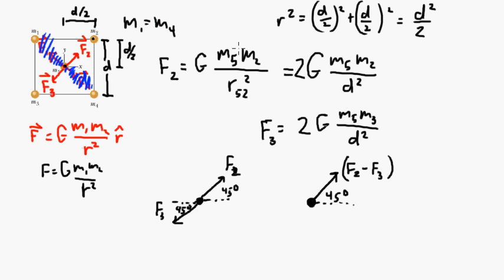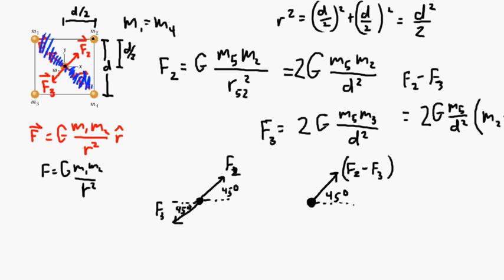Okay, so what is this F2 minus F3? That is going to equal, we can take the common parts. The F2 is 2G m5 over d squared, and the F3 has the same 2G m5 over d squared. So this is going to be 2G m5 over d squared, all of this times m2 minus m3.